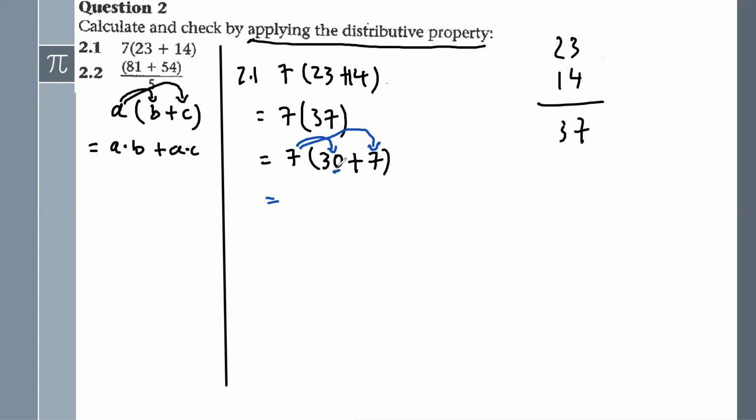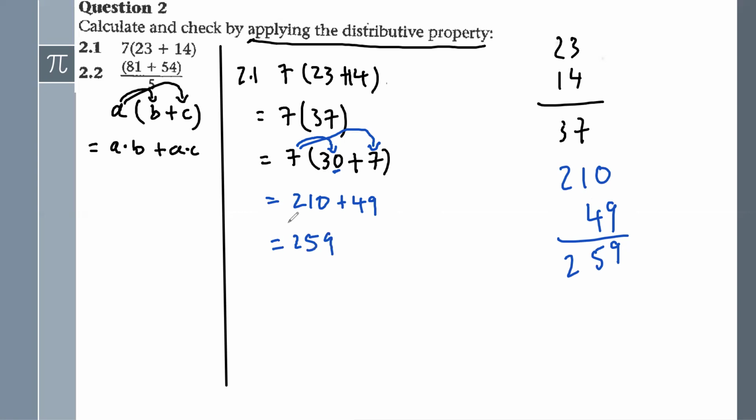You just put it there. It's a placeholder, basically. So 7 times 3, for example, is 21. So you're just going to say 210. Then we must know multiples. So 7 times 7 is 49. Now, it is definitely easy for you to add this, is it not? 9, 5, 2. So you know now the answer is 259. So this is how the distributive property comes into this whole picture to help you verify what is going on here.